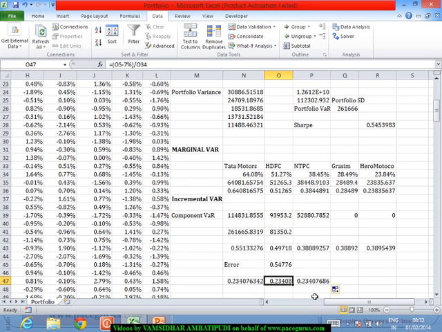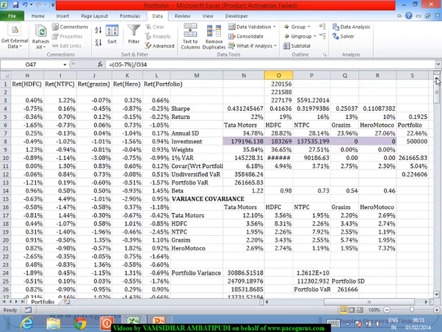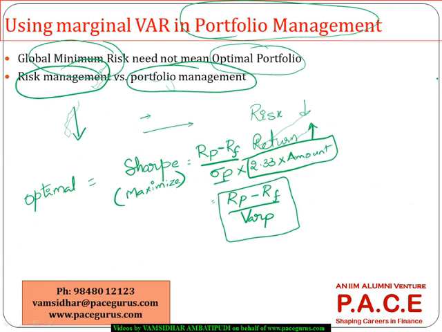That would be equal for all the positions. That is where we are trying to get an optimal portfolio wherein the VAR may be slightly higher, but it is an optimal portfolio where the risk-adjusted return is higher for that kind of a portfolio.